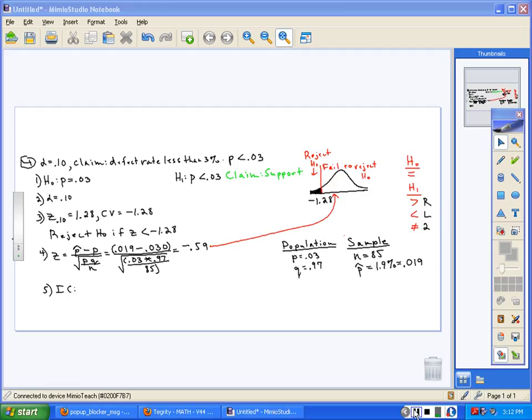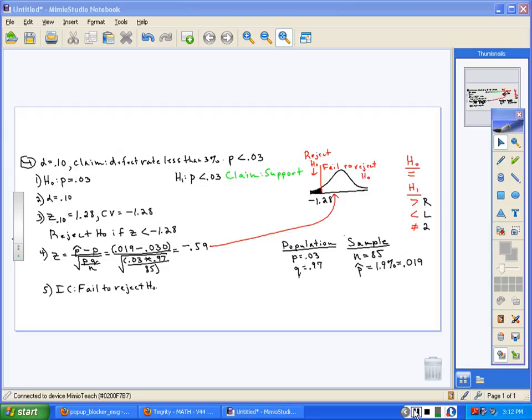It would not be in the reject region. So our initial conclusion is fail to reject H0.